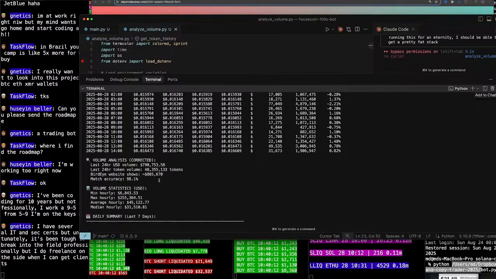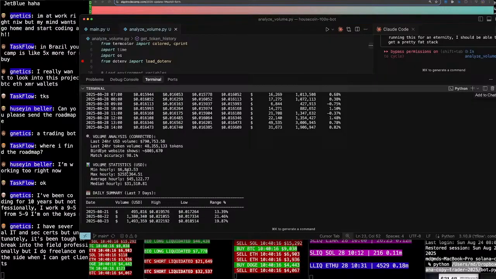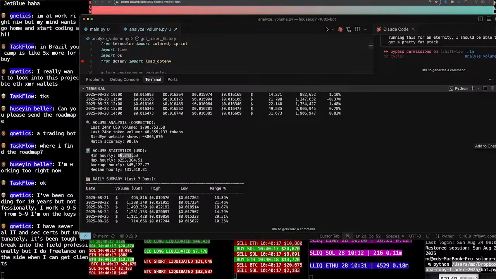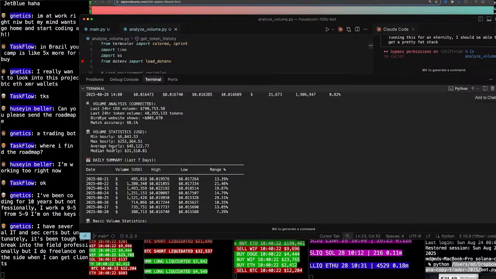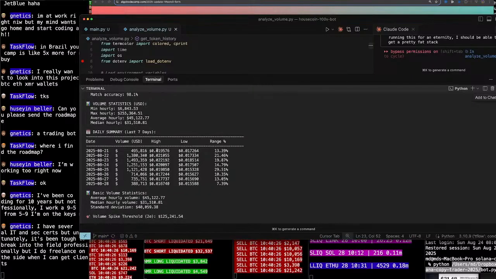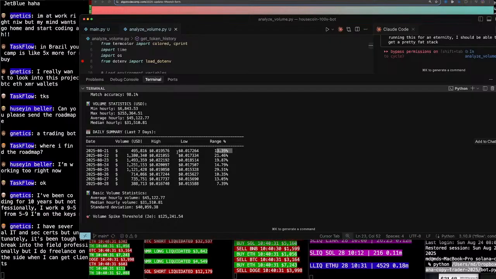Okay, 20 volume, perfect. Okay, 6,000 per hour, max per hour 55,000. Median hourly 31,005. Okay, summary here. Daily, okay, 13% range.